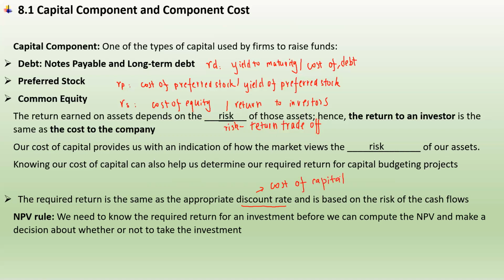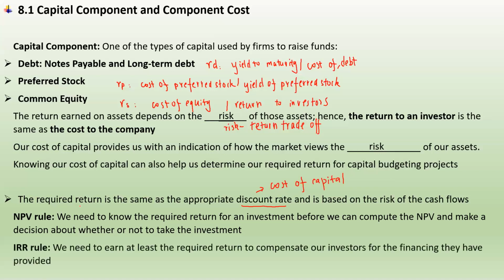And then we can use this discount rate to determine whether a project adds value or wealth to the firm, or actually cannot contribute wealth or even makes the firm suffer a loss. There are some rules to determine whether it contributes more wealth to the firm, like the NPV rule, which is net present value, and the IRR rule, which is internal rate of return.